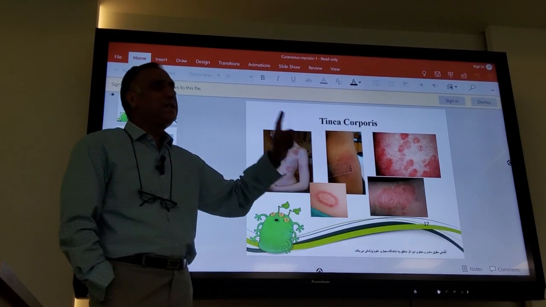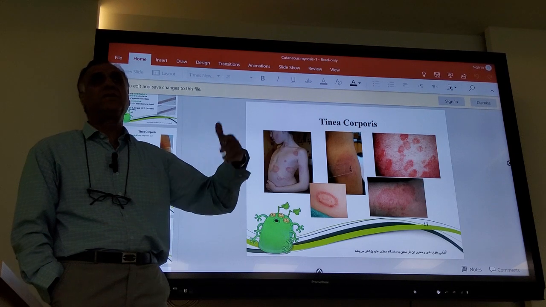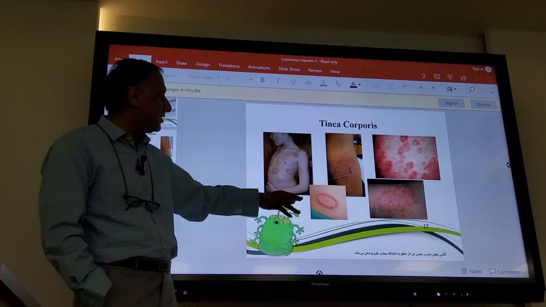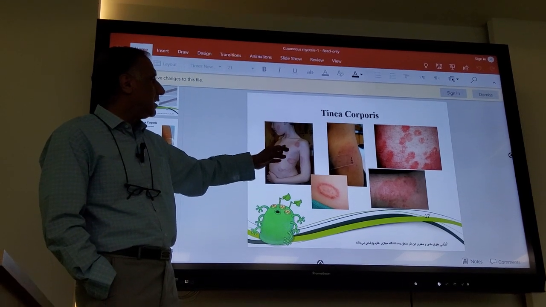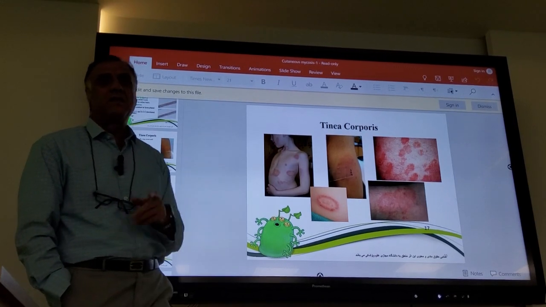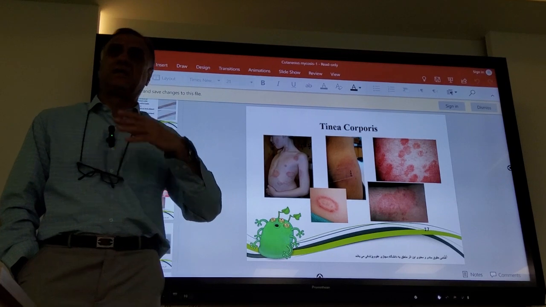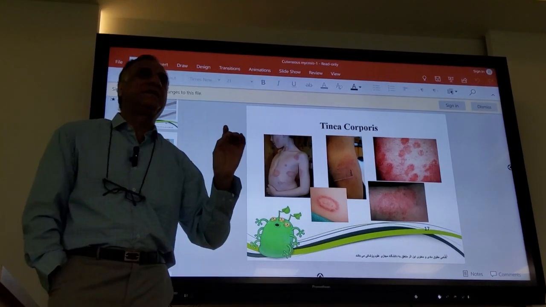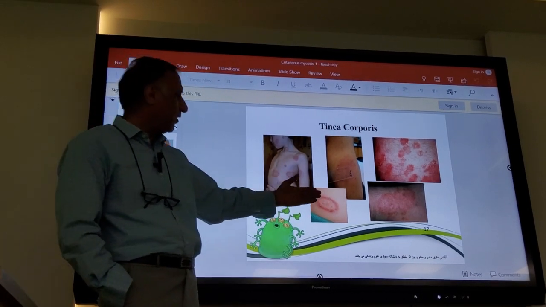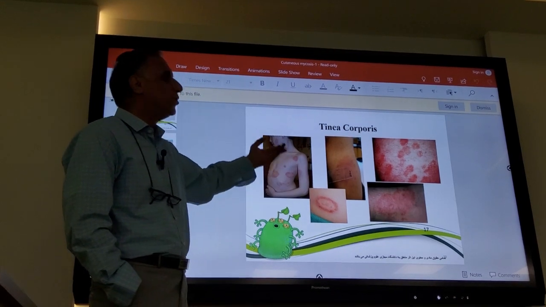Sometimes you have a single lesion, but sometimes the lesion may spread to another site of the body, because the patient has itch, and with itching the spores, the contamination, can transfer from the lesion region to normal skin.